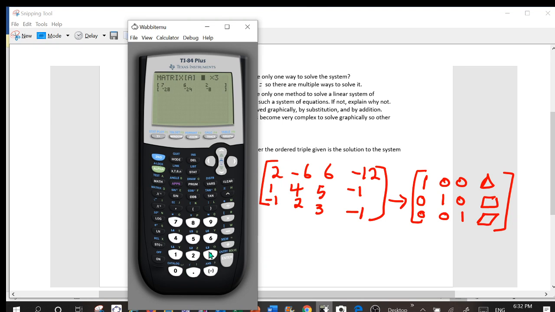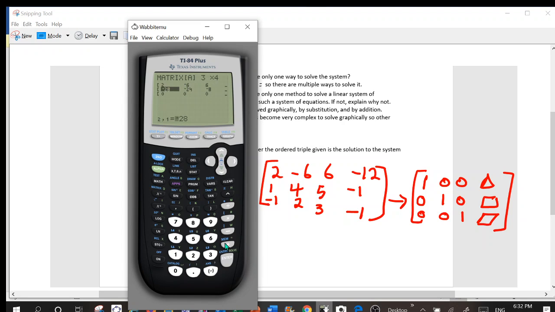Now we want to make it 3 by 4 and then put 2, enter, 2, enter, and then negative 6, enter, and then positive 6, enter, then negative 12, enter, and it should move to the next row automatically.